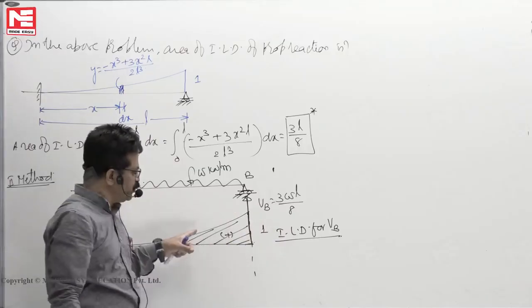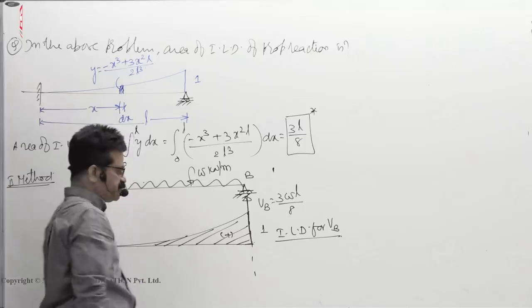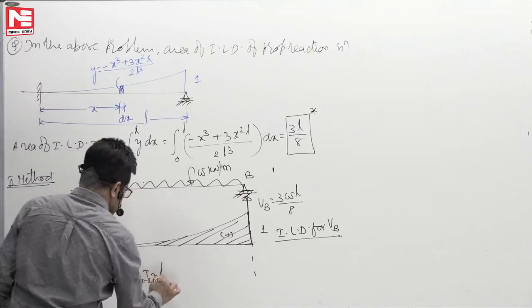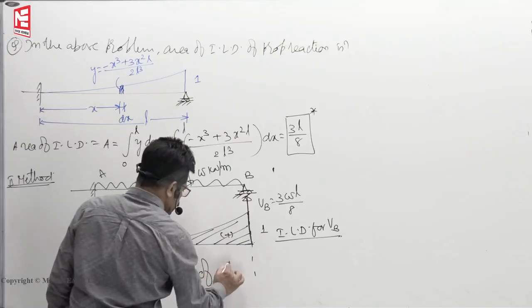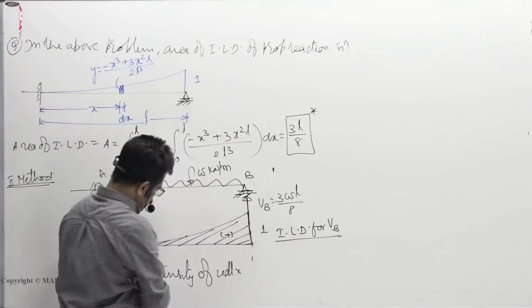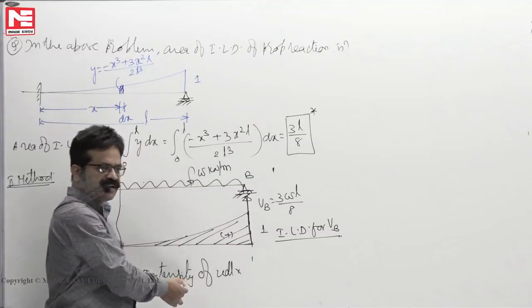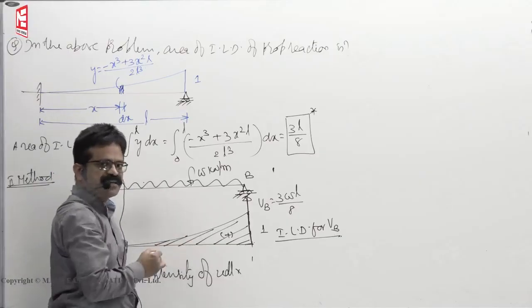In this problem, we don't know the area, but we know the result. So from that we can get the area. So VB is equal to the intensity of UDL, because when UDL is there over the complete span, I have to take the complete area. If a point load is there, then only one ordinate I have to take, but that is not my aim.